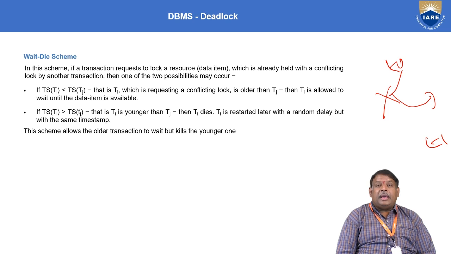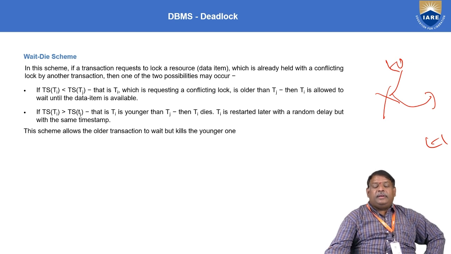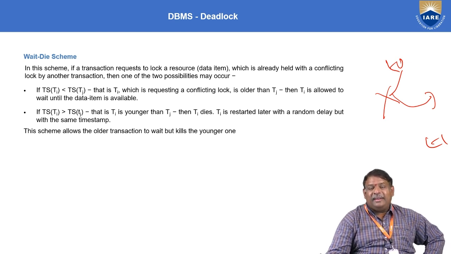However, if the timestamp of Ti is greater than the timestamp of Tz, that is, Ti is younger than Tz, then Ti dies. Ti is restarted later with a random delay, but with the same timestamp.